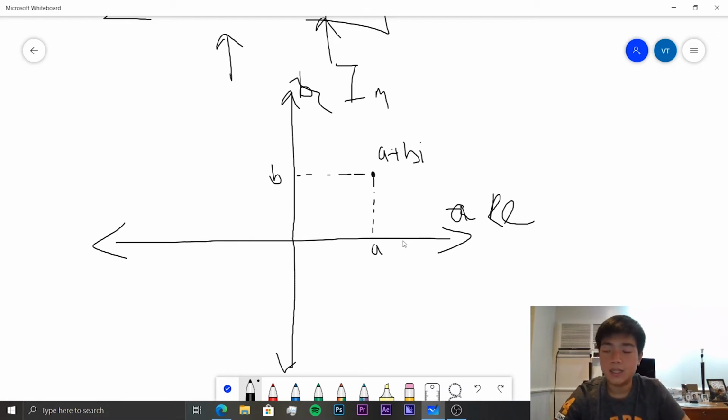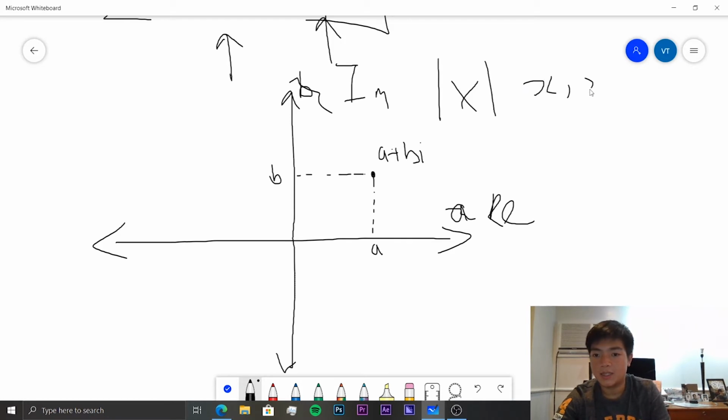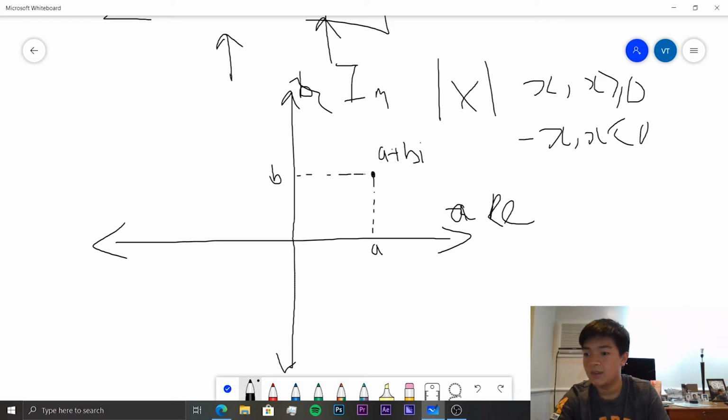But the one other thing we need to know is the modulus. So the modulus of a real number is, of course, itself when it's greater than 0, and it's the negative of itself when it's less than 0. But what is the absolute value, or modulus, of a complex number? We define it as really the magnitude of the number, if you think of this in a geometric sense.